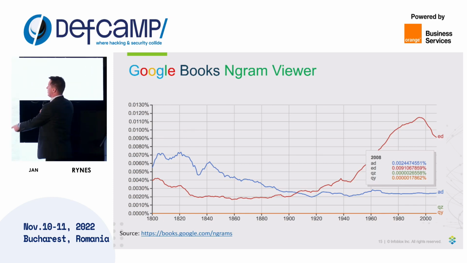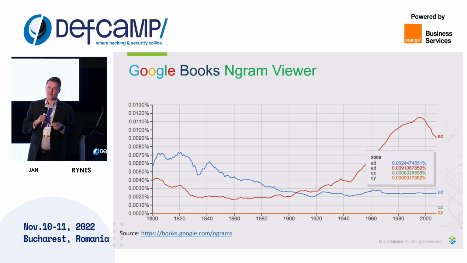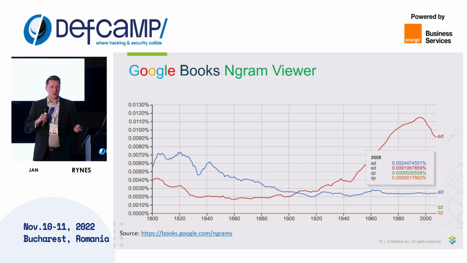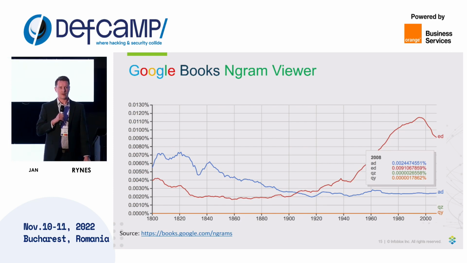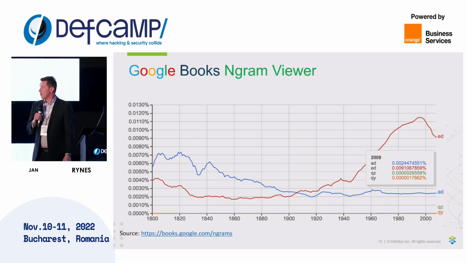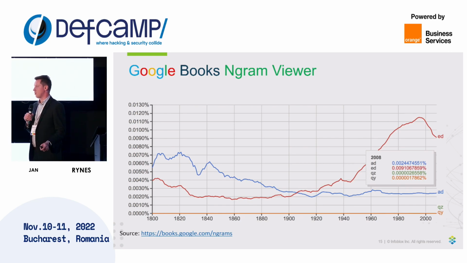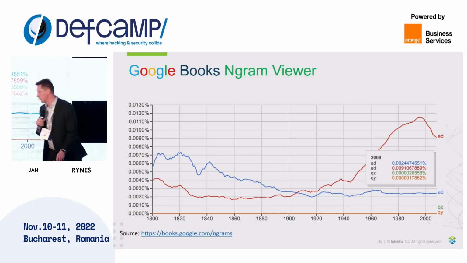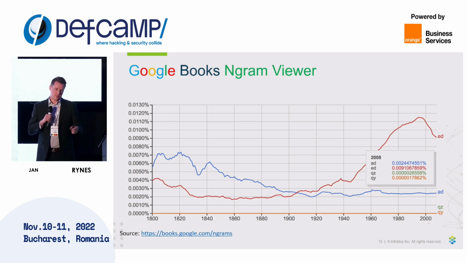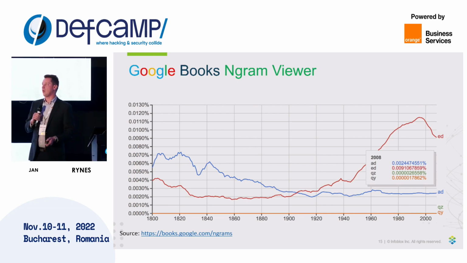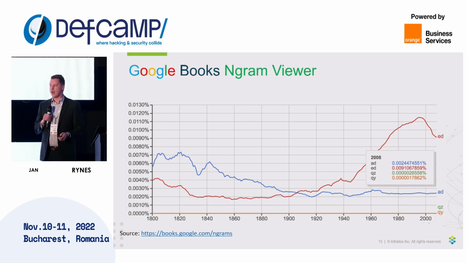You can see that AD and ED are much more probable to be next to each other because edit, admin, those words exist. But the probability of these other characters is much lower. This is the lion's share of work that Google has done, because they took books from the 1800s till 2019 and did n-gram analysis over them in multiple languages. So we have information about multiple languages, and this is the source we use for the n-gram analysis.